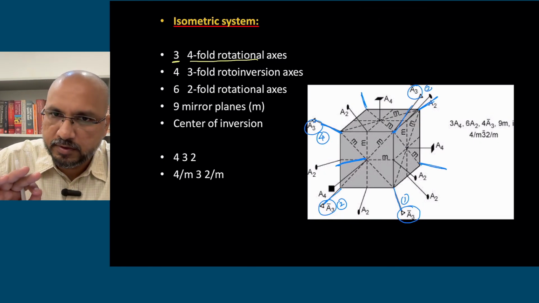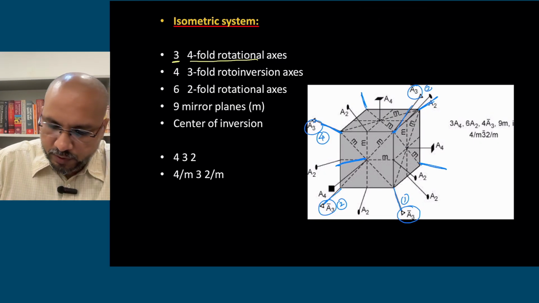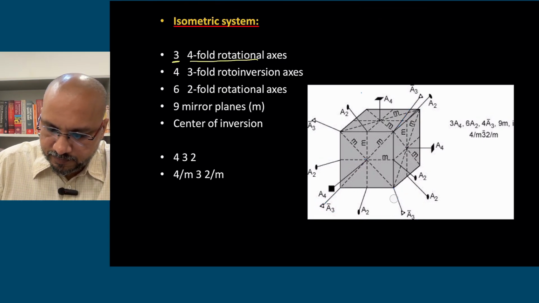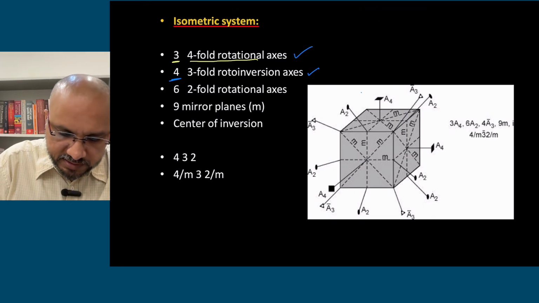So you have 4 three-fold roto inversion axes, right? So you have 3 four-fold rotation axes, 4 three-fold rotation axes, and 6 two-fold rotation axes.